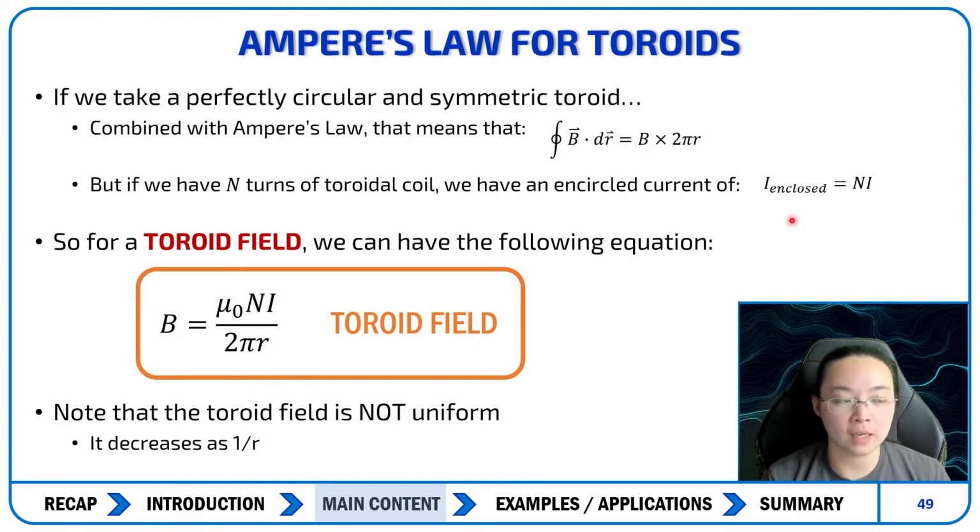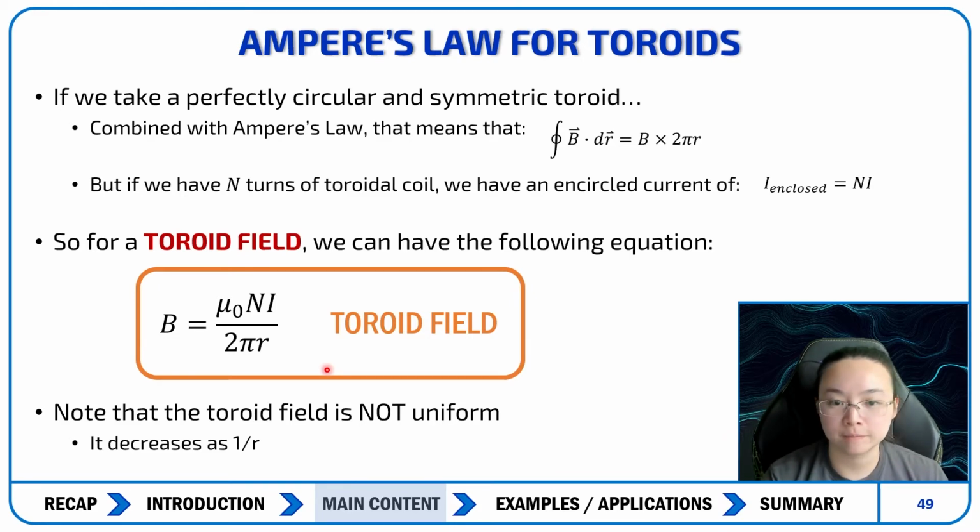It's going to be N turns of a coil, and that means we have N times I as the enclosed current. So for a toroid, we have a magnetic field equal to mu naught N I divided by 2 pi r for the path length.